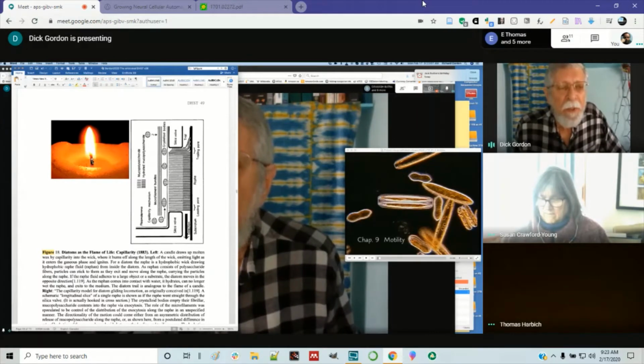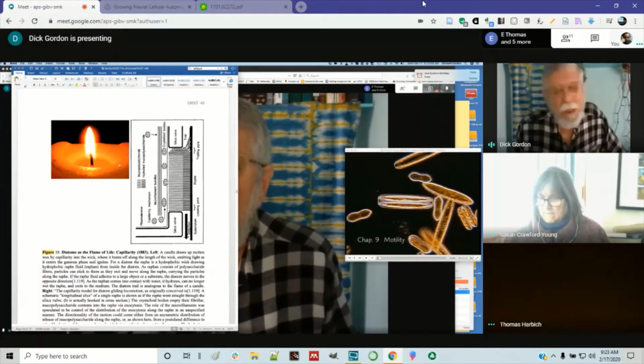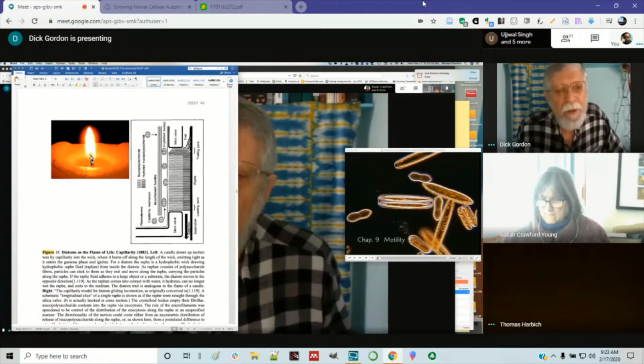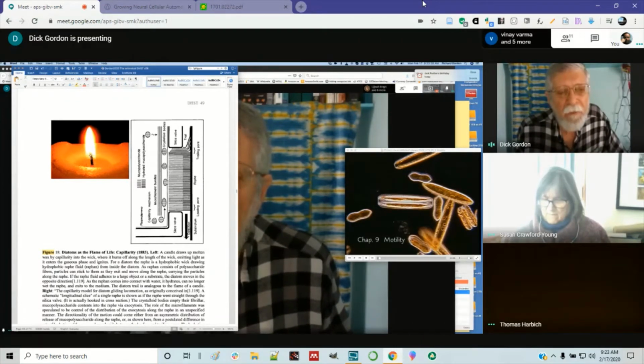It has a wick, and it has a flame. And what's happening here is that the wax wets the wick, rises up the wick, and then undergoes a chemical reaction, turning it into a gas, which leaves the wick. And what that does is produce a continuous flow of the wax through the wick, lifting it up.